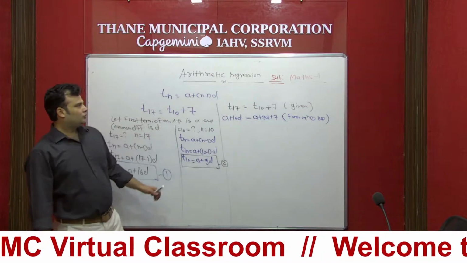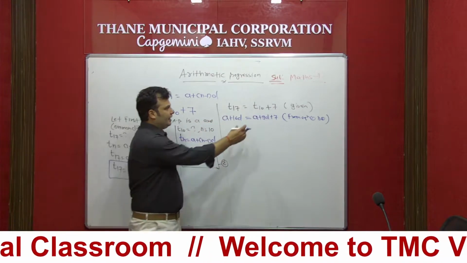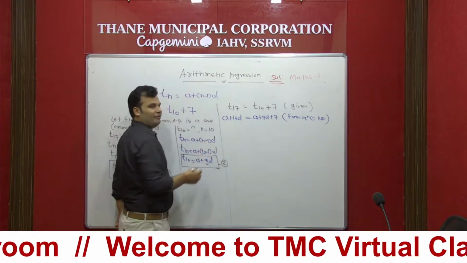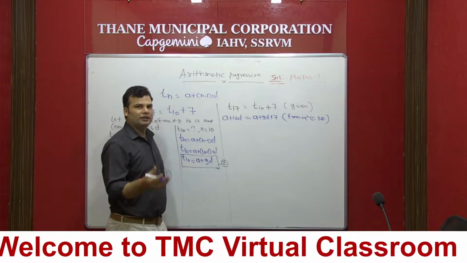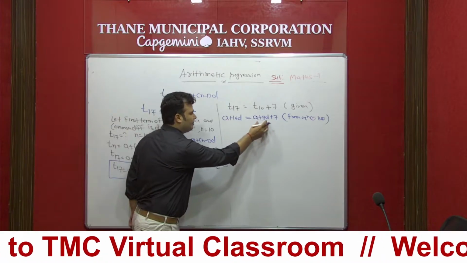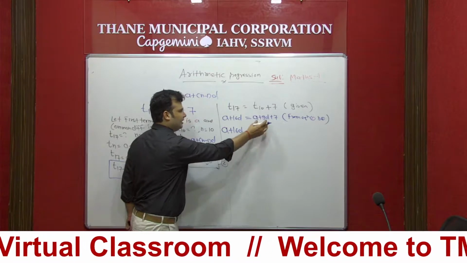Now, so what is T17? A plus 16D. T10 is A plus 9D plus 7. Now, in the same way we have to solve, like x plus y is given 5 and x equal to 3, we can put the value. In the same way you can solve: A plus 16D equal to A plus 9D plus 7. So the plus 9D on this side becomes minus on the left side.